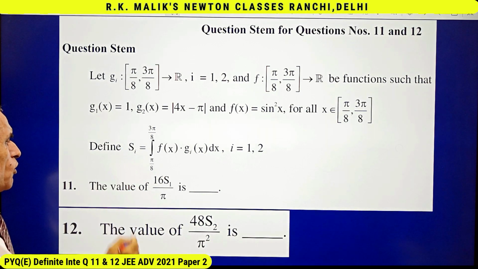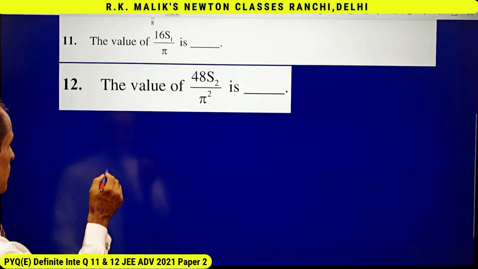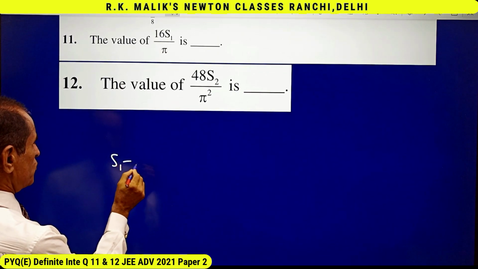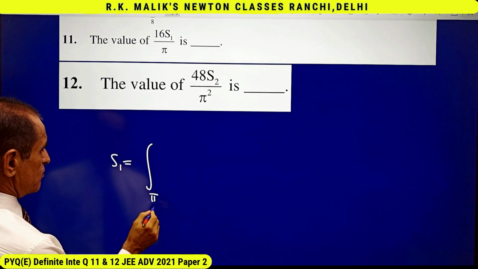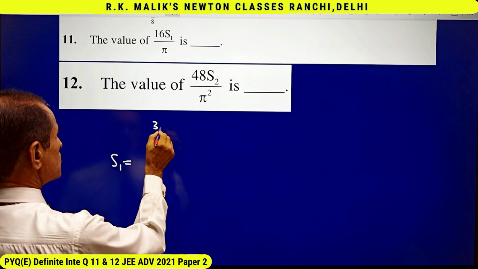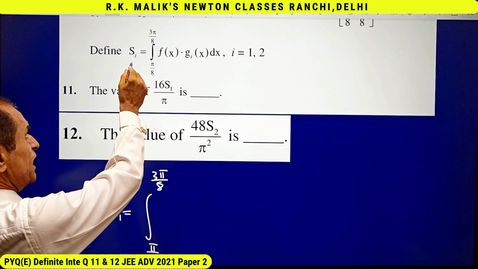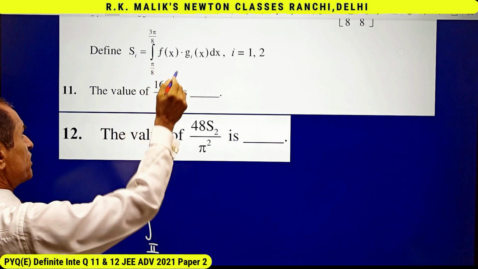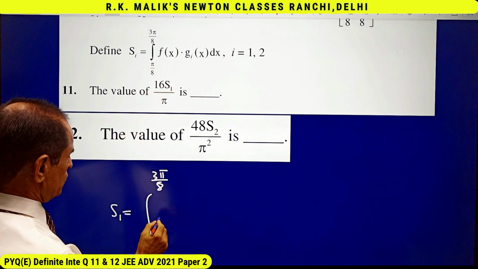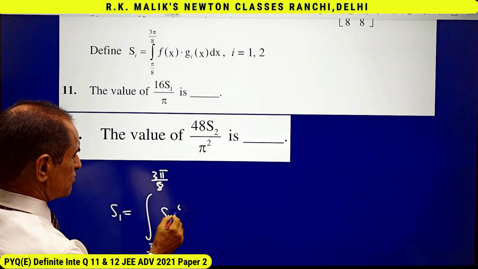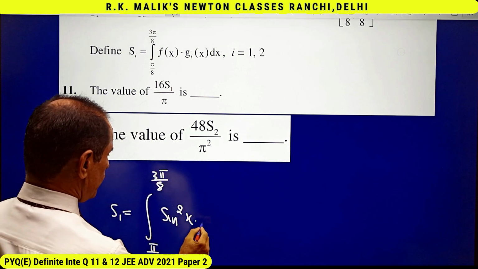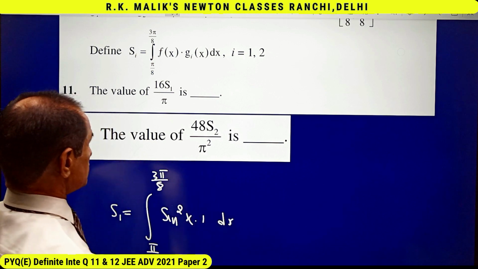First, let us find the value of S1. S1 means the integral from pi by 8 to 3 pi by 8, because S1 means f(x) into g1(x). Therefore, it will be sin square x into 1 into dx.